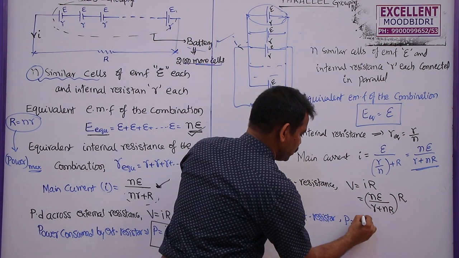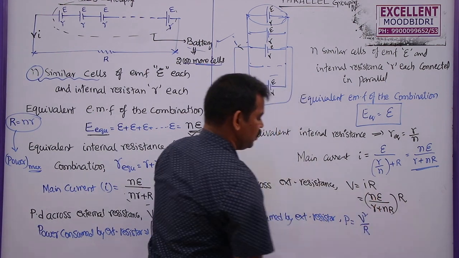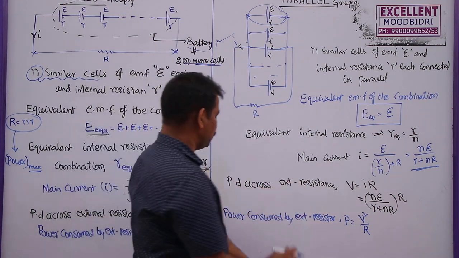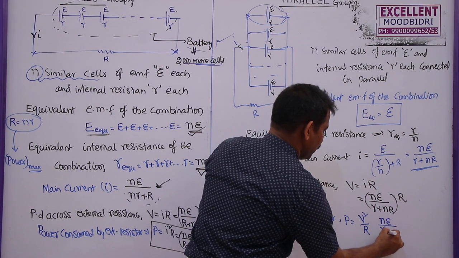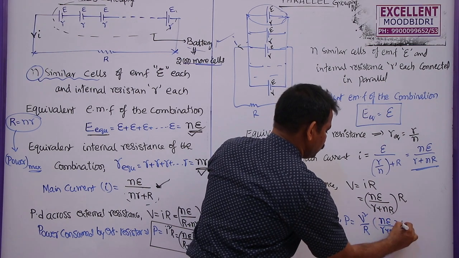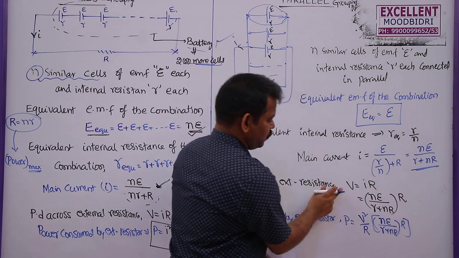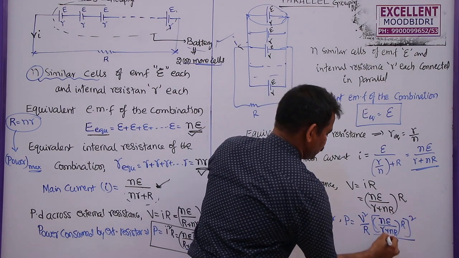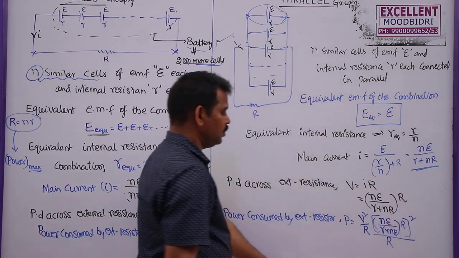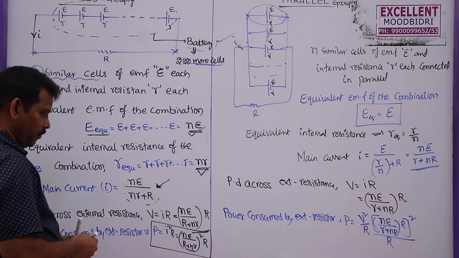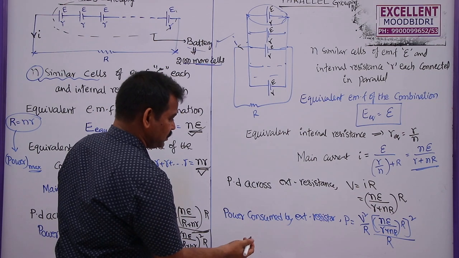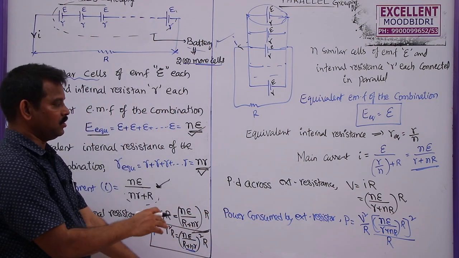Here V is constant, so you can write V square by R. We know the potential difference across the external resistance is nE by (R plus nr) into R. Squaring this and dividing by R, you will get the power consumed by the external resistance. Here also, the maximum power consumption theory I will explain later.